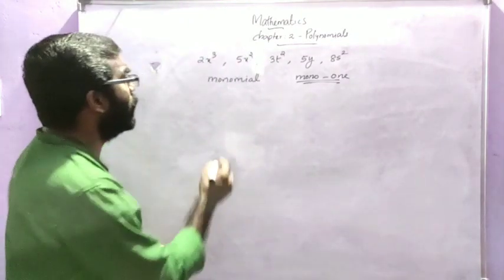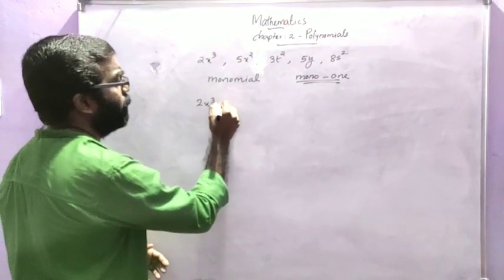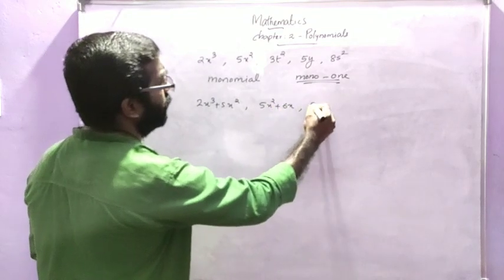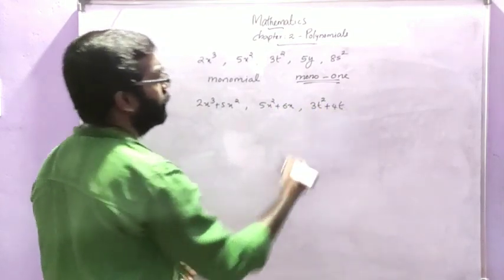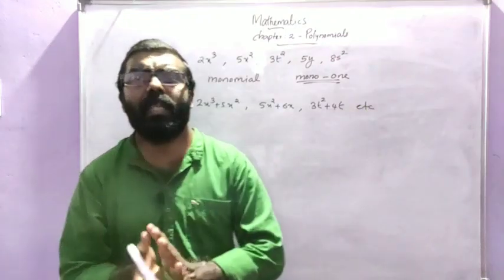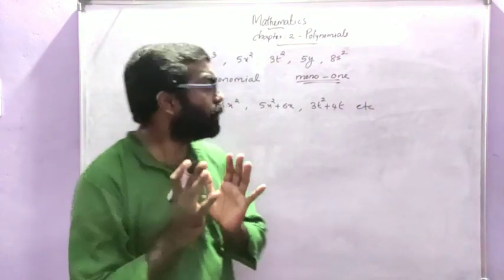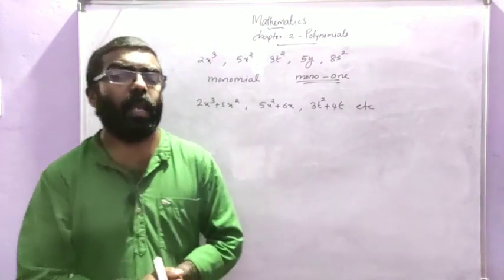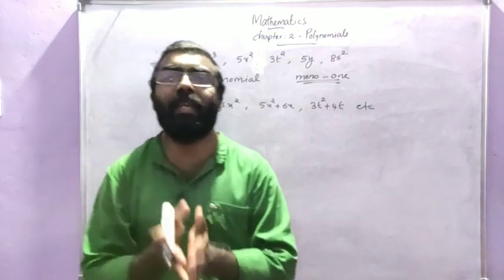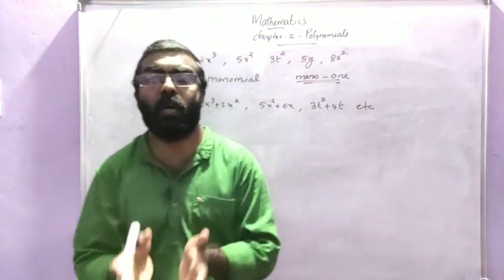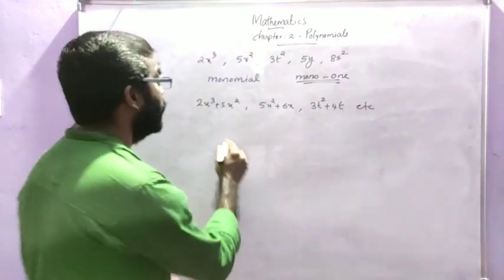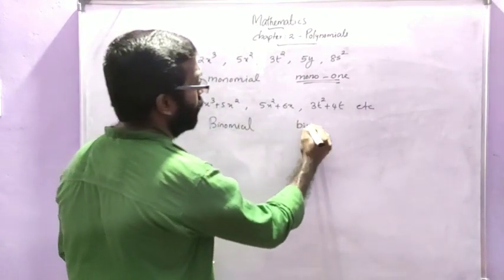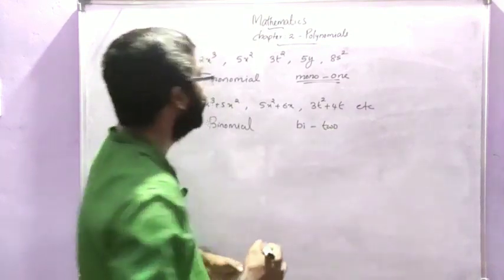Now observe the following polynomials: 2x cube plus 5x square, 5x square plus 6x, 3t square plus 4t, etc. How many terms are there in each of these? Each of these polynomials has only two terms. Okay, and the polynomials having only two terms are called binomials. Bi meaning two.